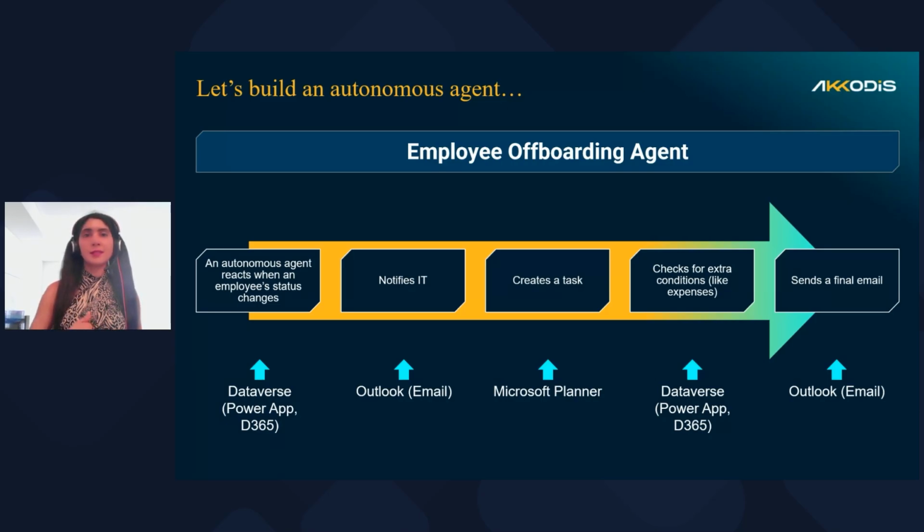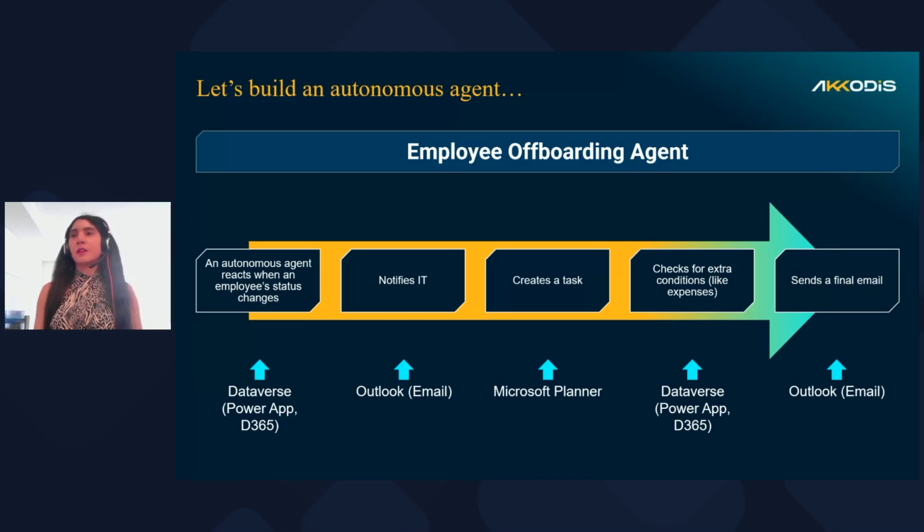So a change happens. Next step, the agent is going to go and notify IT about the change, because maybe there are some things they need to collect from them, like their laptop or any equipment. So we'll send an email out. Perhaps they want a way to manage the tasks they need for offboarding that employee. At the same time, it will create a task in Planner.